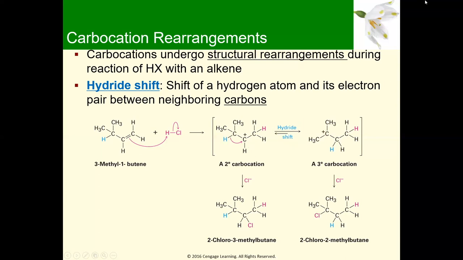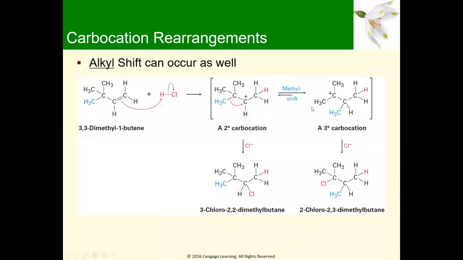All right, well, it not only happens with hydrogens, it also happens with alkyl groups. We call that an alkyl shift. So an alkyl shift can occur as well. Same scenario, right? We've got this alkene. In this case, though, the thing that's different is that in the previous slide this was a hydrogen. Now it's a methyl group. But the same thing can happen.